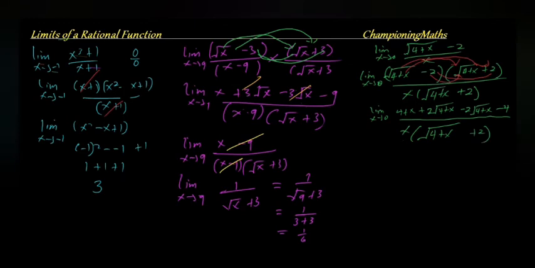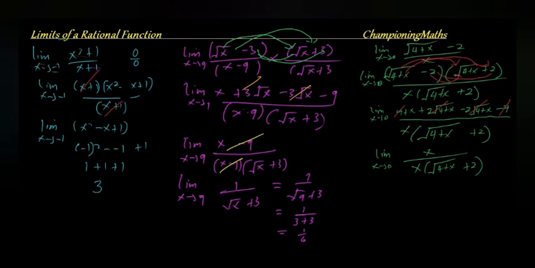Now plus 2 square root of 4 plus x will cancel out minus 2 square root of 4 plus x. Also plus 4 will cancel out minus 4. Now we'll be having the limit as x approaches 0 of x over x multiplied in the bracket square root of 4 plus x plus 2.